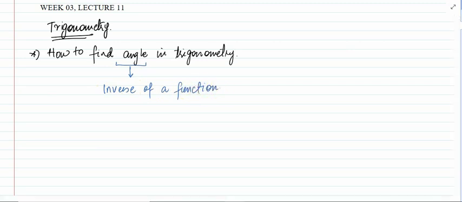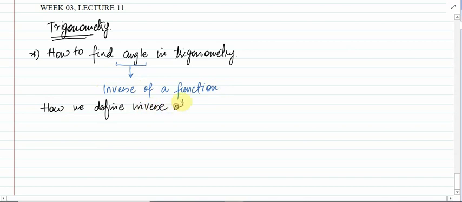Now the second thing, how we define inverse of a function. ठीक है जी? So if a function is sine x, its inverse will be sine inverse of x.